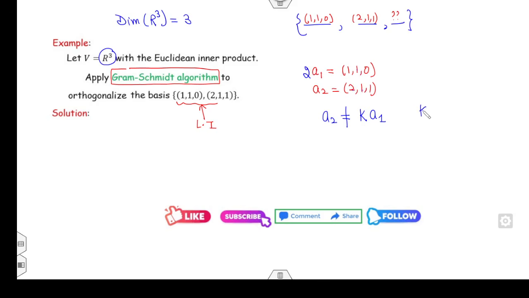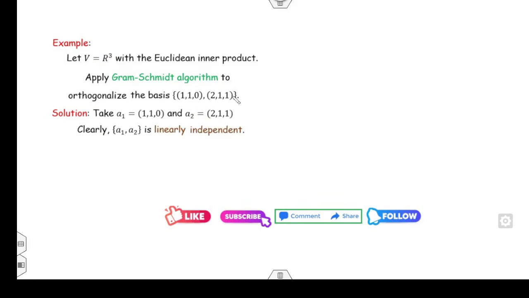So that means there does not exist any real k such that A2 can be written as k times A1, or A1 is k times A2. Is it okay? So now that means the given vectors A1 and A2 are linearly independent. And once they are linearly independent, yes, we can apply the Gram Schmidt process.